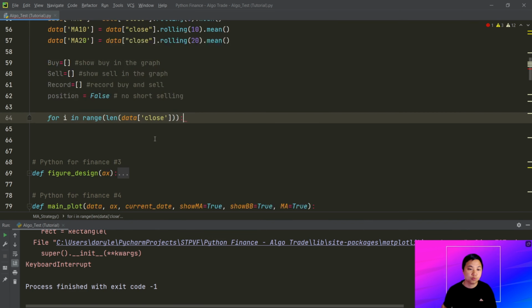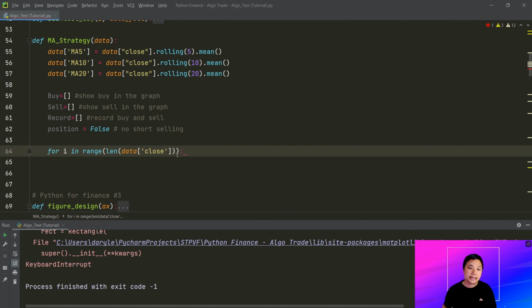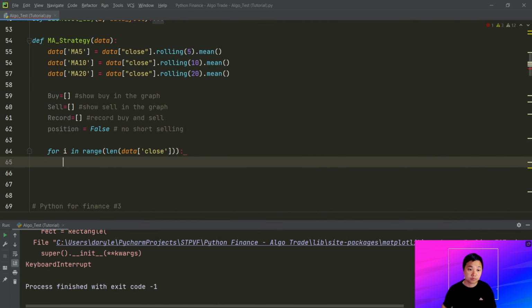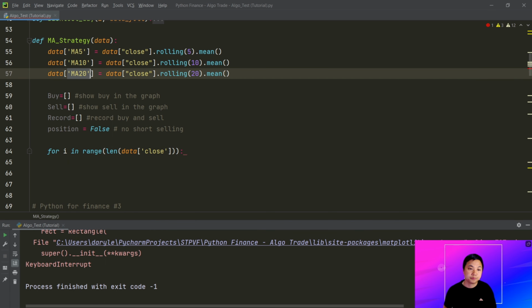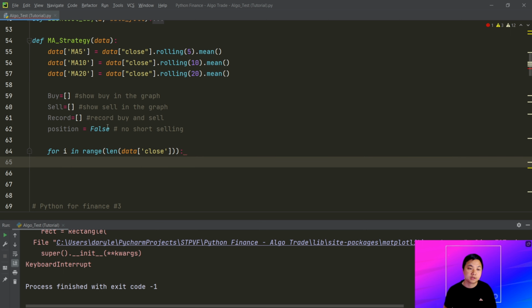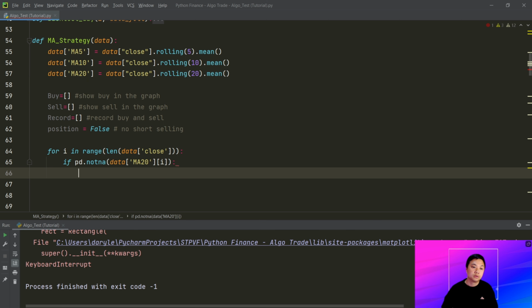First things first, we will loop through the entire data. So we create a for loop, and these moving average strategies will appear after the 20 minutes moving average, because if we do not have the moving average 20, we are not going to play around with these strategies.